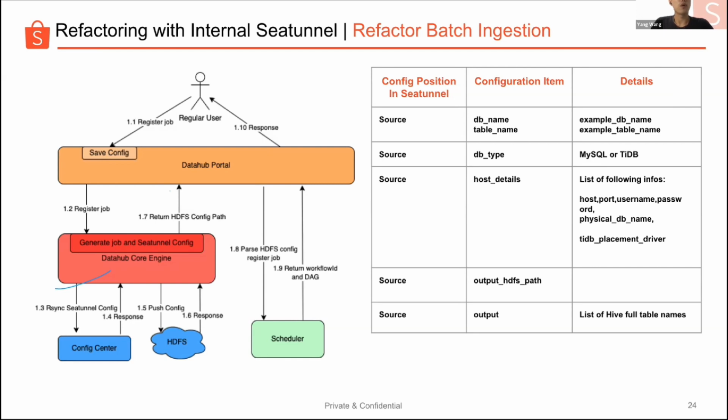Then core engine will communicate with the configuration center to get a SeaTunnel format configuration file, which will be updated in HDFS. After the job has been registered, Portal will register this batch ingestion job to scheduler. Yeah, so that's about it.